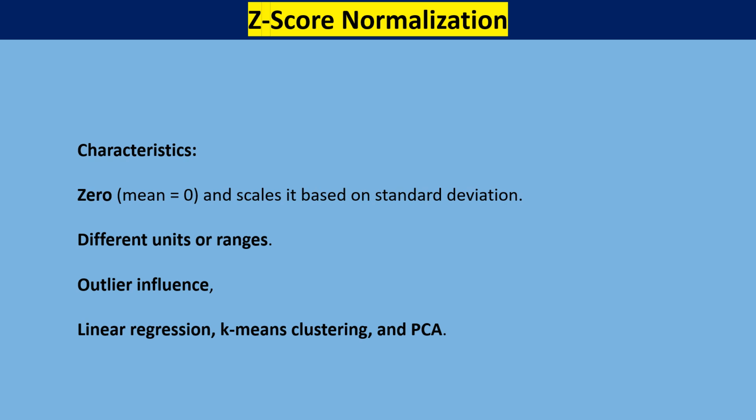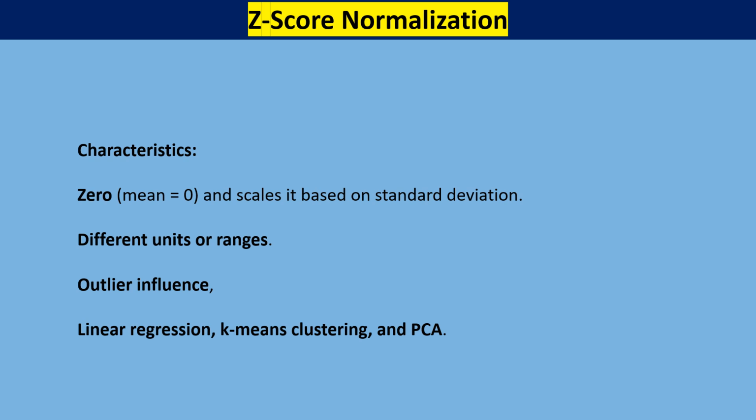Z-score normalization, also called standardization, transforms the data so that its mean becomes 0 and standard deviation becomes 1. This technique is particularly useful when the dataset contains features with different units of measurement, like height in centimeters versus weight in kilograms.